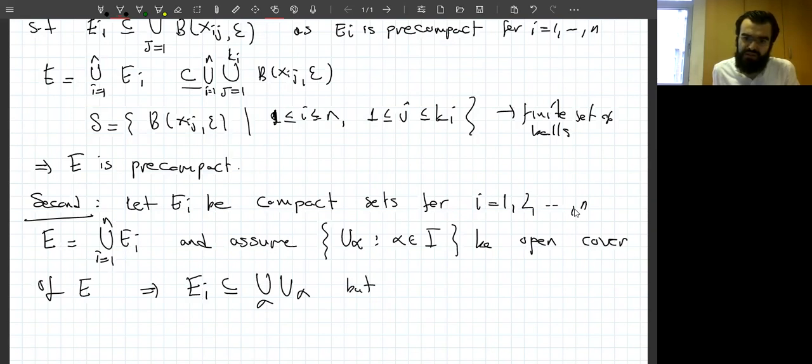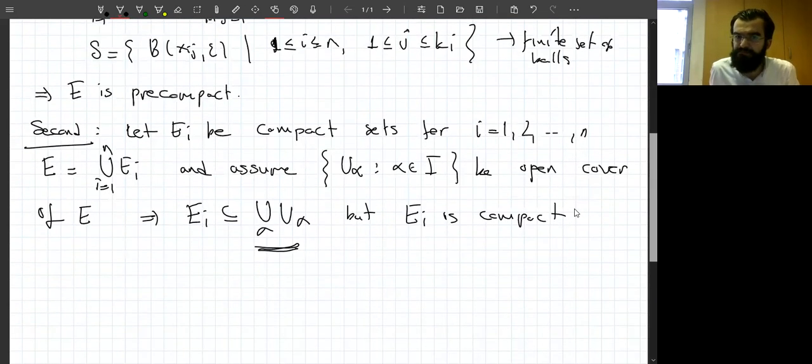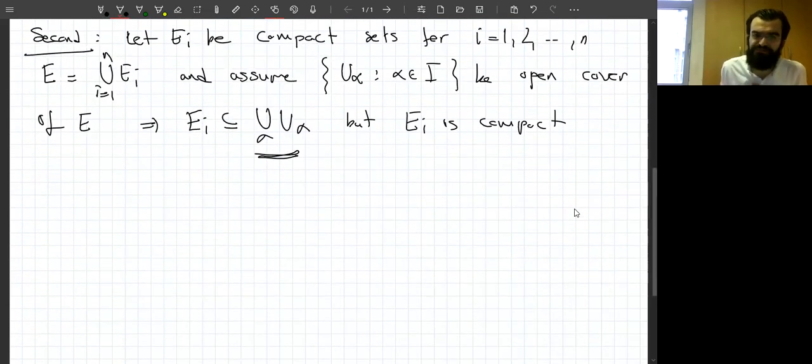But this set is compact, so there exists a finite subcover of this cover which contains E_i, isn't it, by definition?